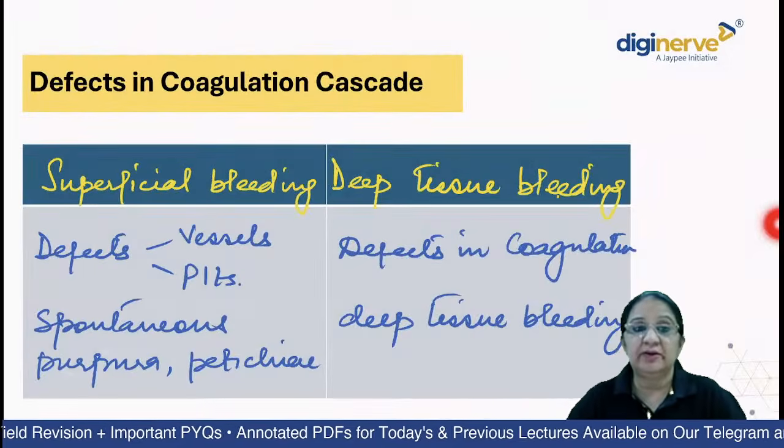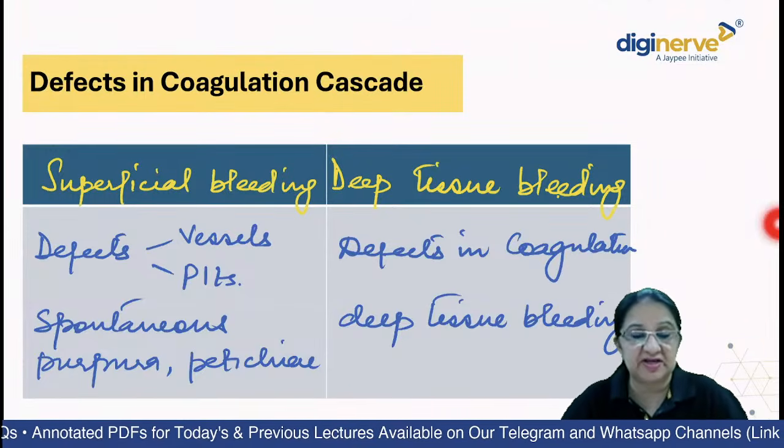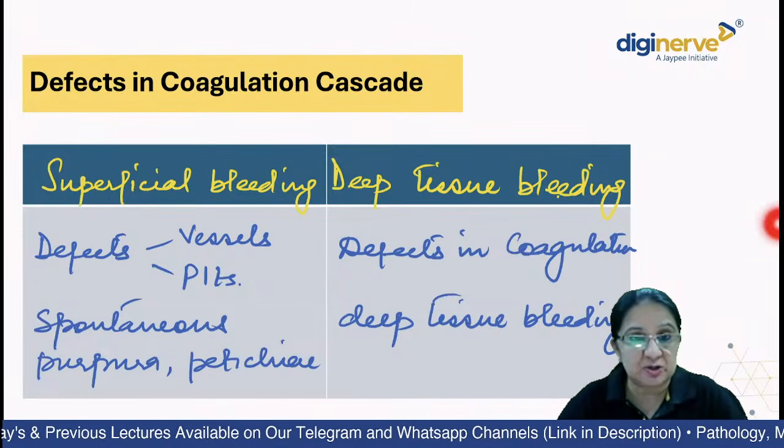Okay. Now, coming to defects in coagulation cascade, I already told you the intrinsic pathway, extrinsic pathway, and the factors involved in intrinsic, extrinsic, as well as common pathways.